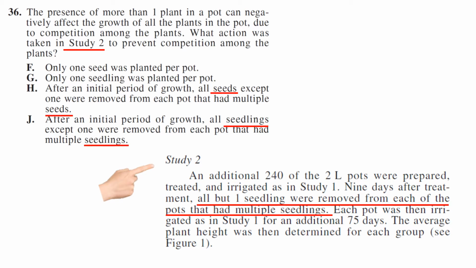So that's 9 days after. Be careful on this one because choice H says after an initial growth period, all seeds were removed. Choice J says seedlings. So the answer would be J. If you're going quickly, this is towards the end of the test, you might accidentally choose H just by not reading carefully. So your answer is J.